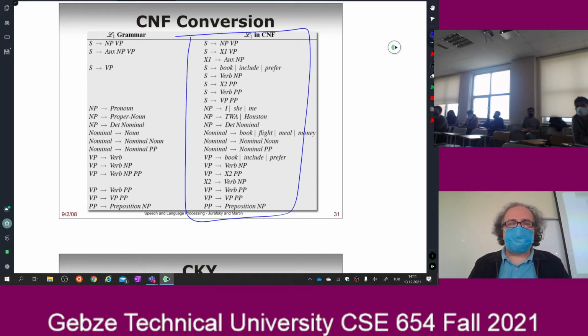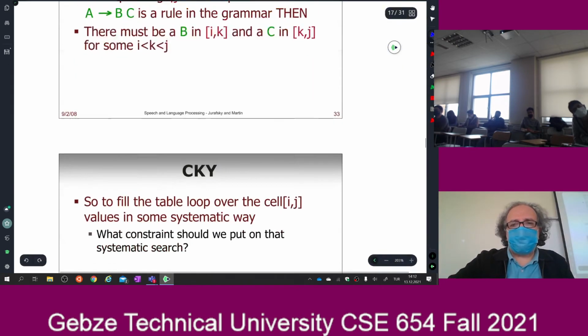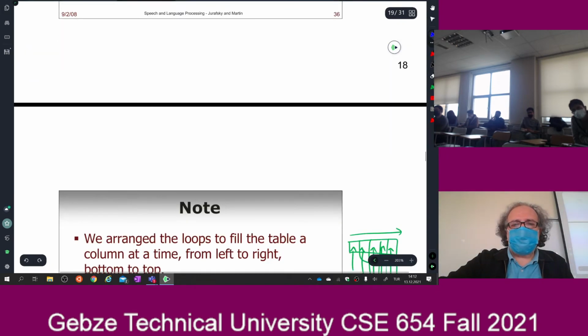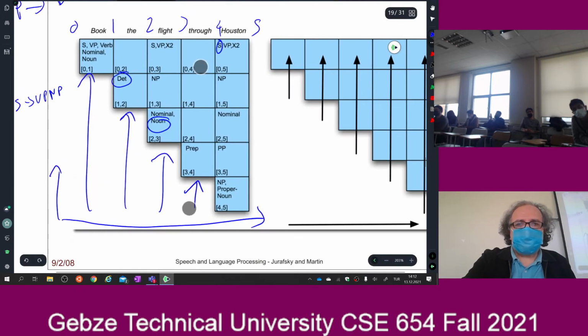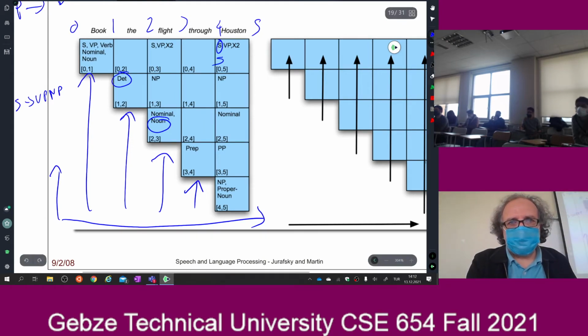Book through Houston, right? Through Houston is a prepositional phrase, book, yeah. Go through Houston, yes. So verb phrase, prepositional phrase makes another sentence. So I am going to put another sentence in here. But this sentence is because of this one and this one.